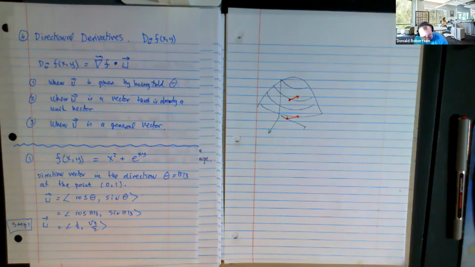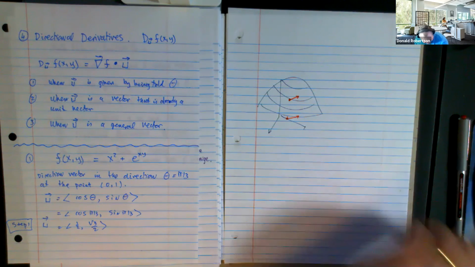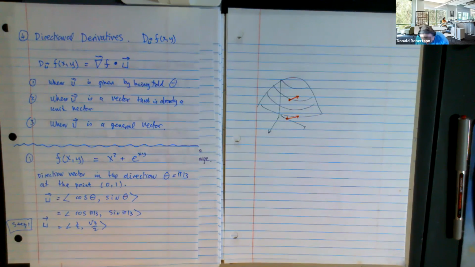Very often that can be helpful, because if you imagine this not representing a surface but maybe a magnetic field, wouldn't it be interesting to know in which direction the greatest increase in magnetism was happening, or the greatest increase in airflow, or whatever it is that you happen to be measuring?